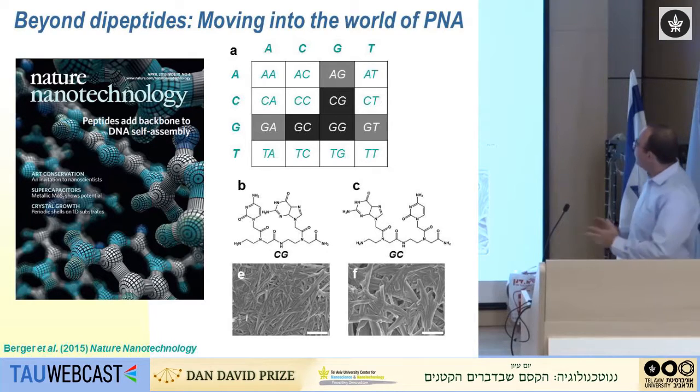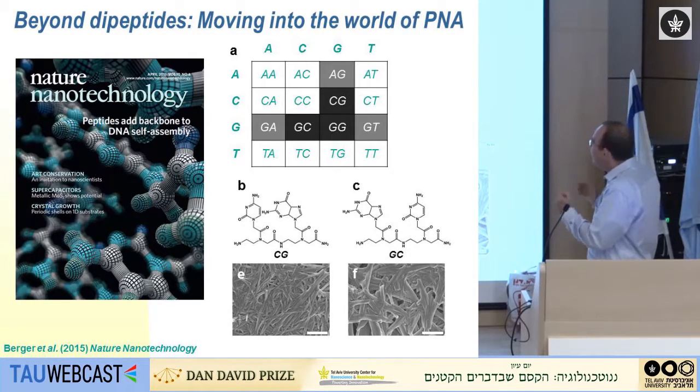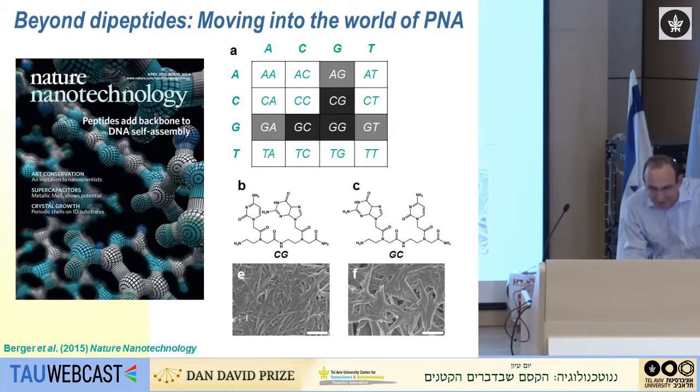Our approach: we knew that dipeptides could form ordered structures, so we synthesized all the 16 different combinations of di-PNA. PNA has a peptoid backbone and side chains of DNA and RNA.